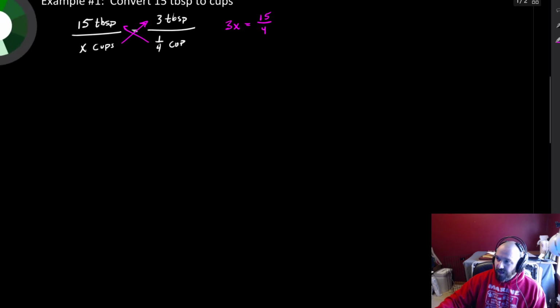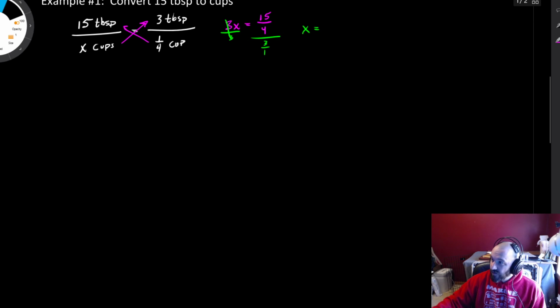Now, I would go ahead and divide both sides by 3. When I do this, I'm going to recognize that 3 is really 3 over 1. So I get x is equal to... This is going to force me to invert and multiply. So 1/3. Now I can cross cancel here.